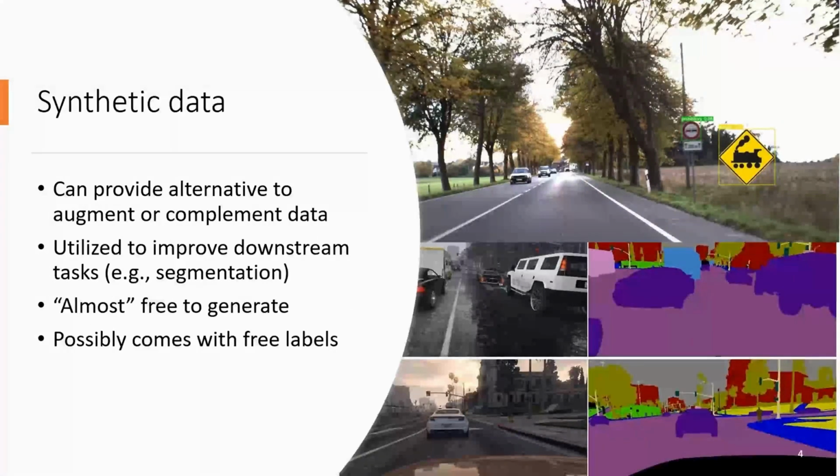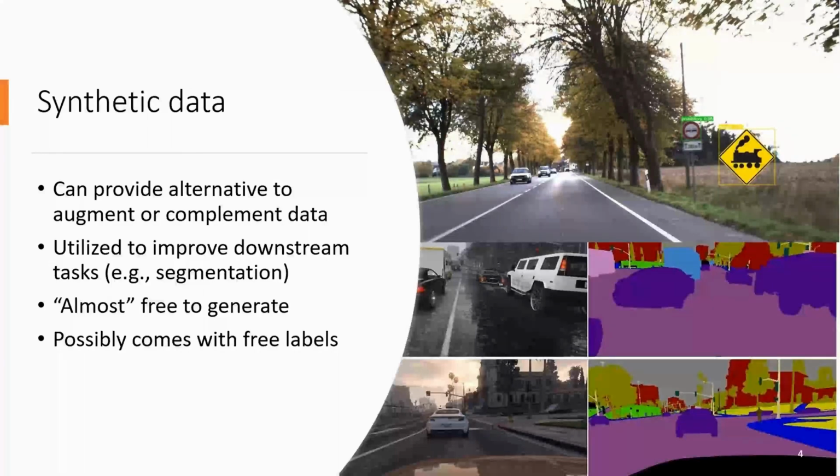Right, so jumping off a little bit from medical imaging to another field. Synthetic data has been used in other fields such as computer vision. On the top right here, you can see an image of a road. This is from the German sign benchmark dataset, where a neural network is tasked to recognize signs on the road.